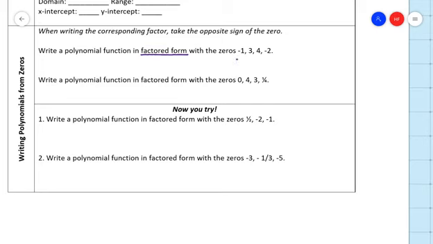So we would have a function f of x. Negative 1, I'm going to take the opposite to make my factor, x plus 1. 3, I'll take the opposite, x minus 3. 4, the opposite, x minus 4. Negative 2, the opposite, x plus 2. And since it says to write it in factored form, that would be my final answer.